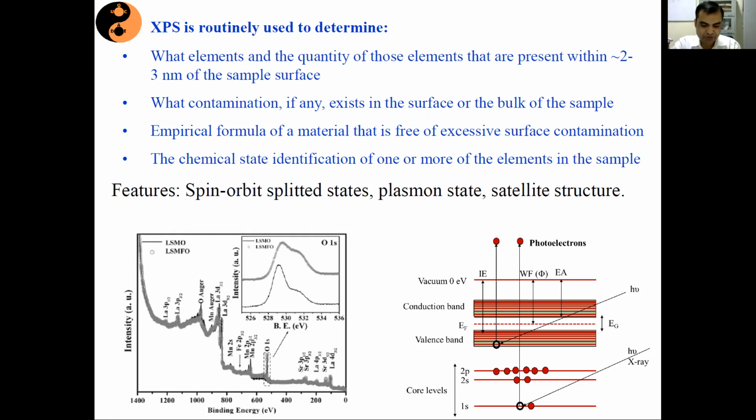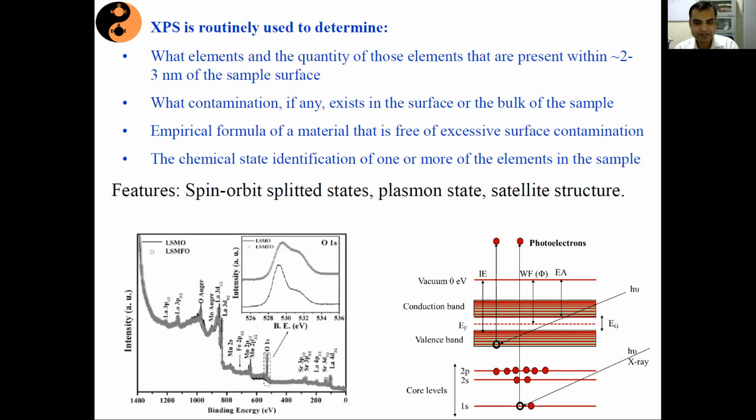If the electron coming out from my sample, before reaching my detector, interacts with the ambience, with other electrons, with other deformations in the system, then because of that interaction it will lose some of its kinetic energy. Therefore it can show a different kinetic energy measured in my analyzer, and then we can make an error in estimating its original binding energy.